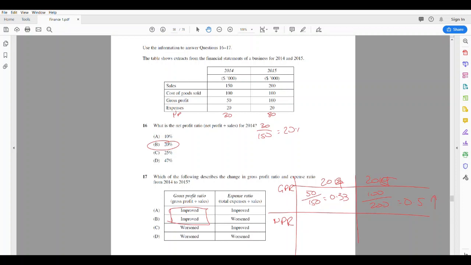Now, expenses ratio. Let's calculate that. So expenses is 20 over 150.